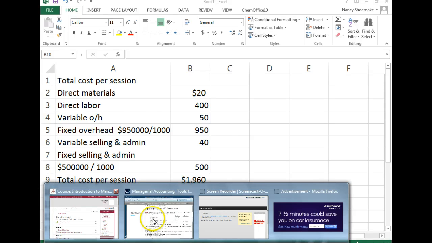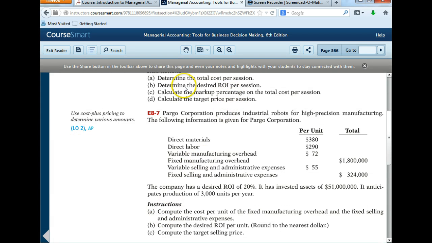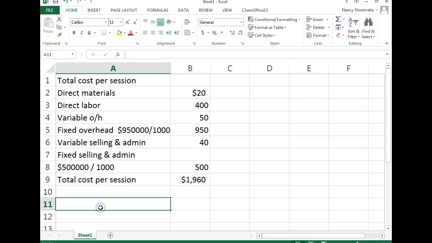Then we go back and it says, determine the desired rate of return on investment per session. How are we going to determine that? ROI per session is going to be 20% of what are the invested assets? $2,352,000.